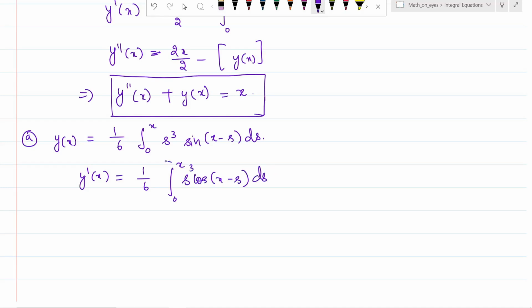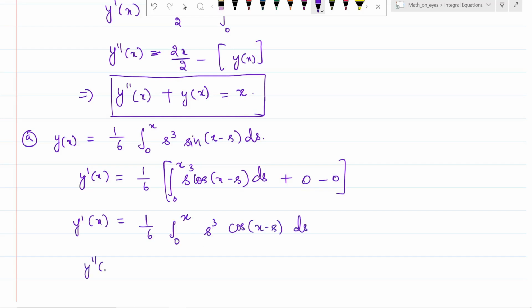And when you take the upper limit, the differentiation of x is 1, and you have to substitute x wherever s is present. So sine of x minus x will give you sine 0. Sine 0 is 0, and the lower limit is also 0. So we get y dash of x is equal to 1 by 6 integral 0 to x of s cube cos of (x minus s) ds.